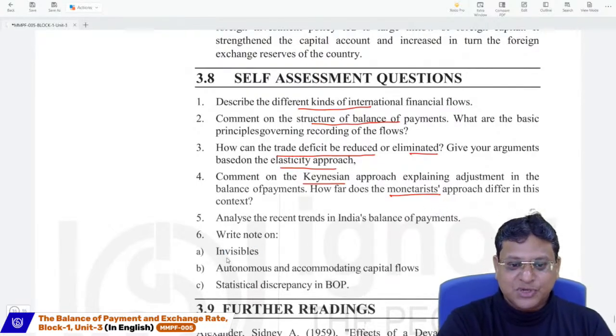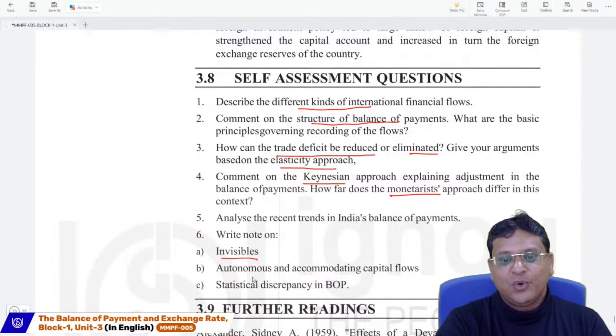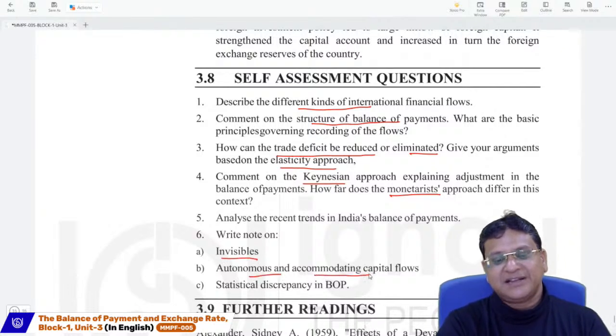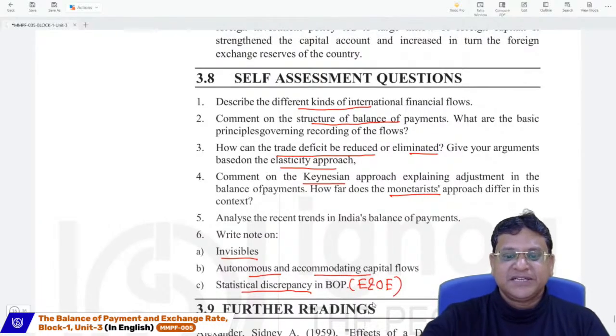And there are certain short notes: invisibles, autonomous and accommodating transactions, statistical discrepancies in BOP, which is known as errors and omissions. All these things we have already discussed.